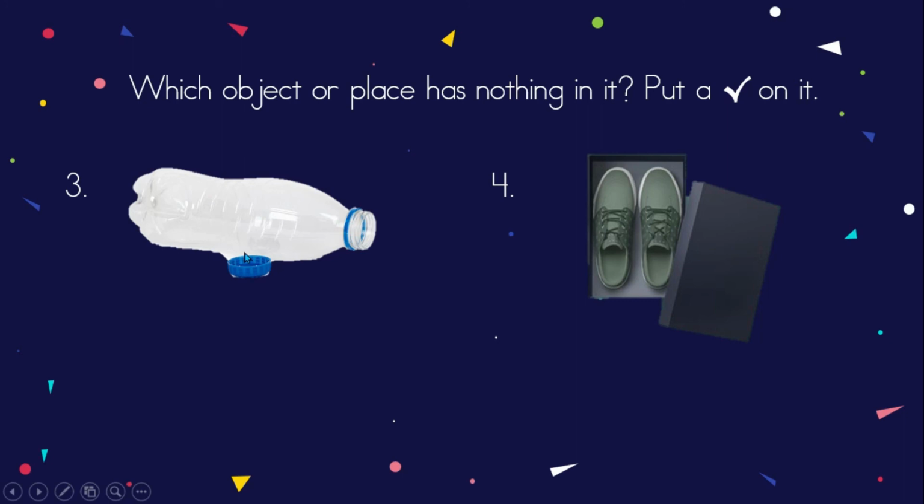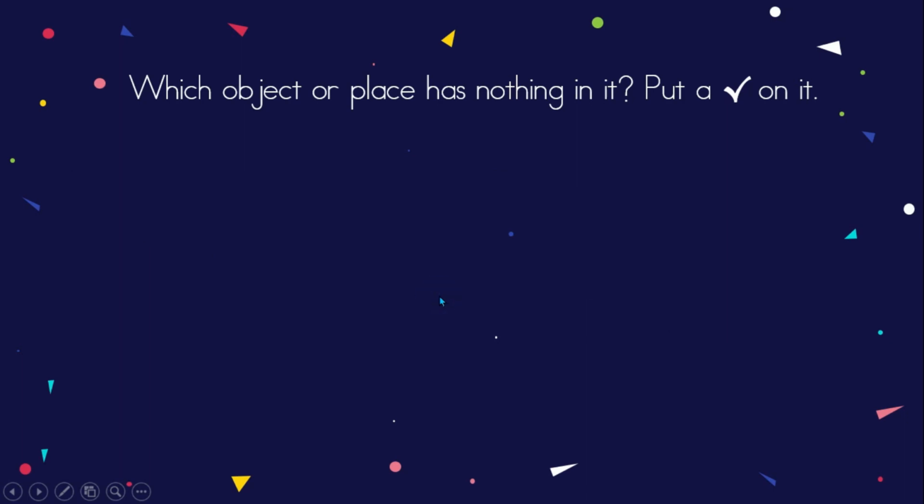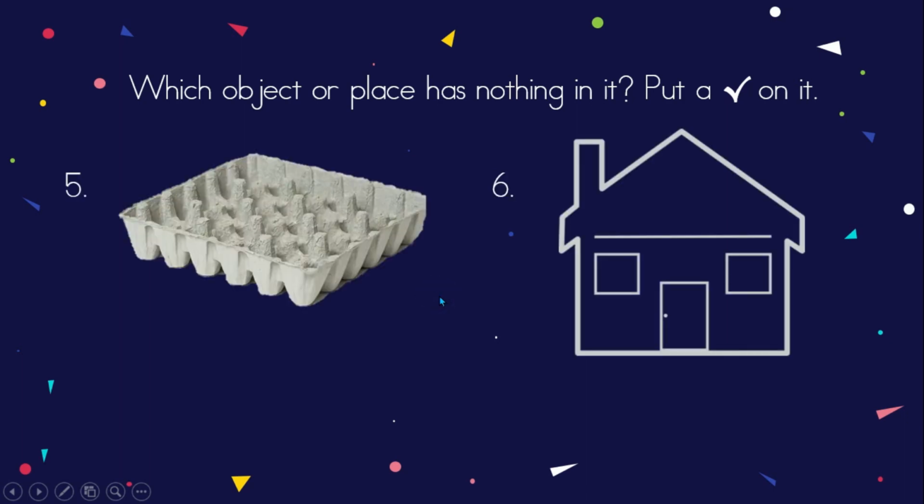Very good. It's the empty bottle. So number 3. And for numbers 5 and 6, which object or place has nothing in it? Very good. It's the empty tray and the empty house. So both numbers 5 and 6.